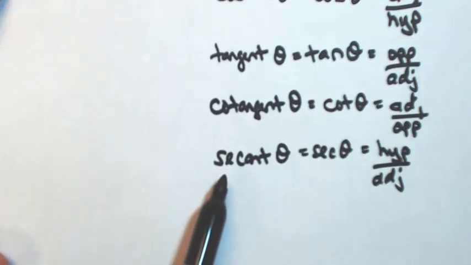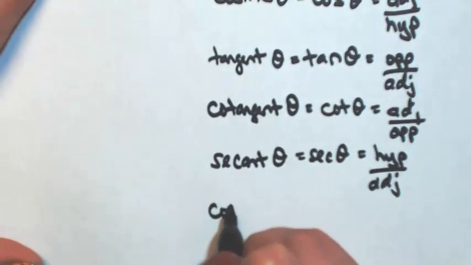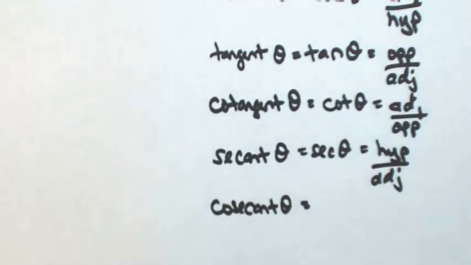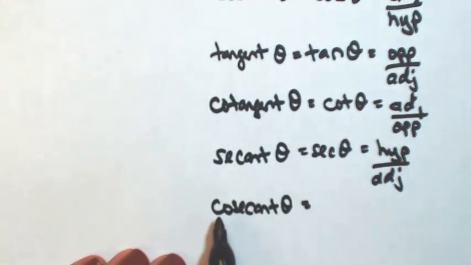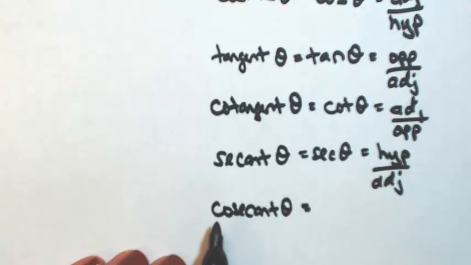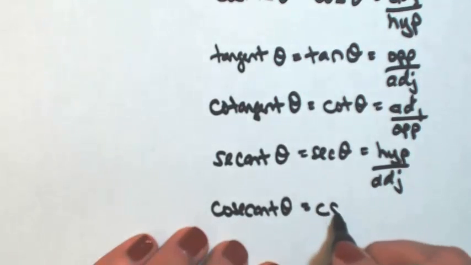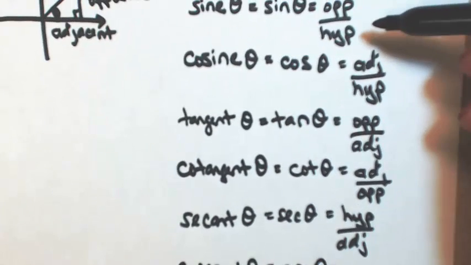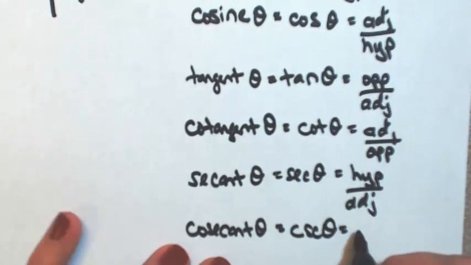And then the last one, the cofunction of secant, is called the cosecant. Unfortunately, COS is already taken by cosine, so we go every other letter, CSC. And this is going to be the reciprocal of sine, so hypotenuse over opposite.